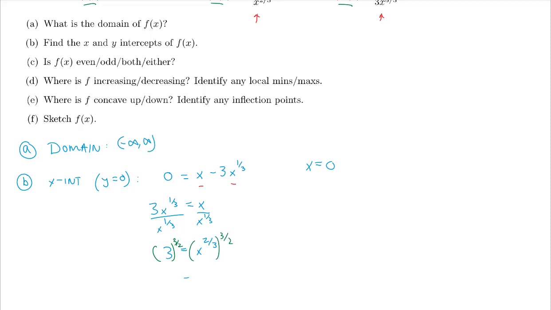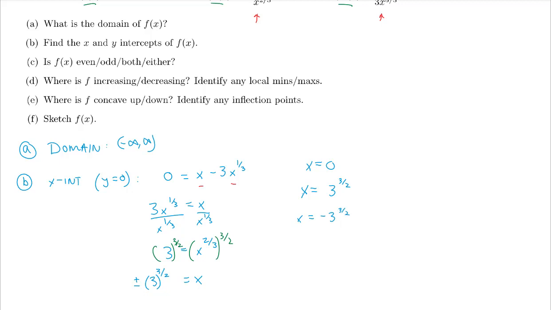And when we do that, we get x is equal to positive or negative 3 to the 3/2 power. The reason that we need the positive or negative there is because when we're raising to the 3/2 power, that's like taking the square root, with the 2 being in the denominator of that fractional power. So our other x-intercepts are x equals 3 to the 3/2 power, or x equals negative 3 to the 3/2 power.